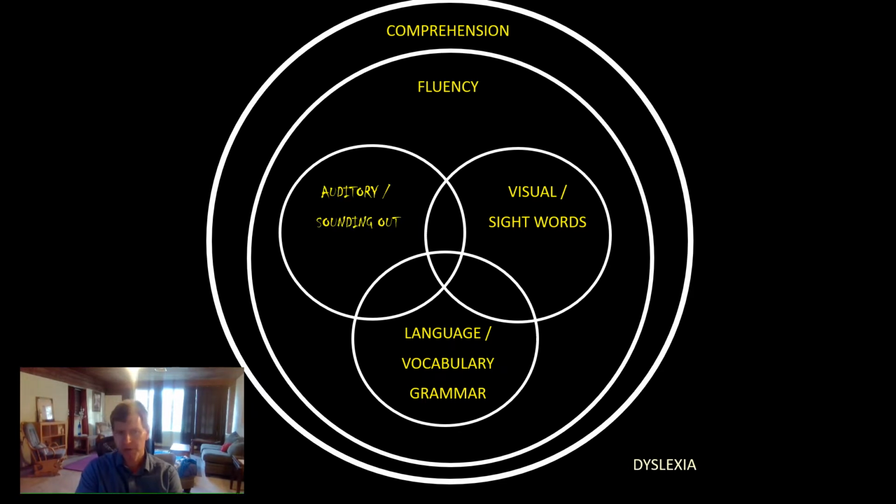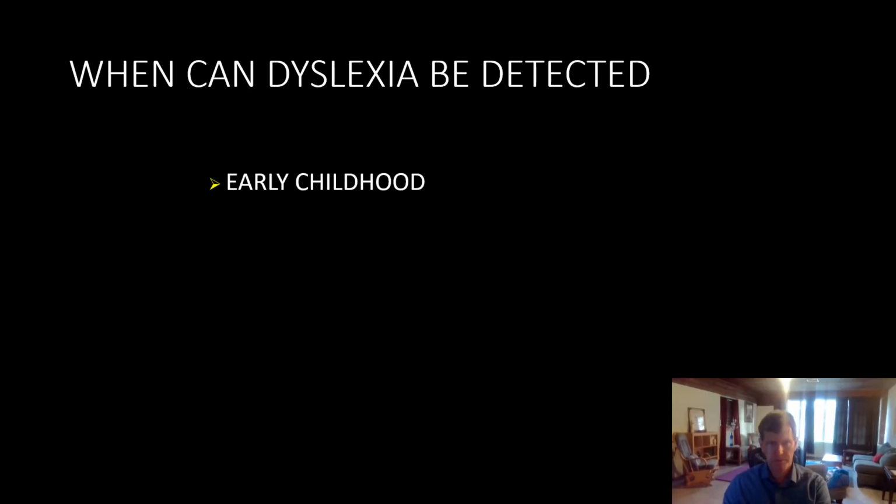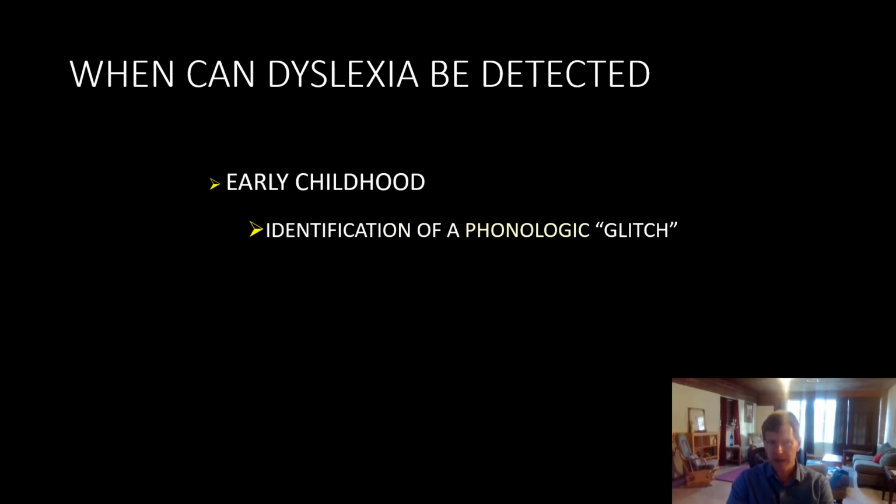However, for students with dyslexia, there is struggle with the auditory and the sounding out of words, even if they're capable of making sense of sight words, language comprehension, vocabulary, and grammar. That difficulty with sounding out causes difficulty in fluency and potentially difficulty with comprehension. Dyslexia can be detected in early childhood with a glitch in the child's ability to make sense of phonological awareness.